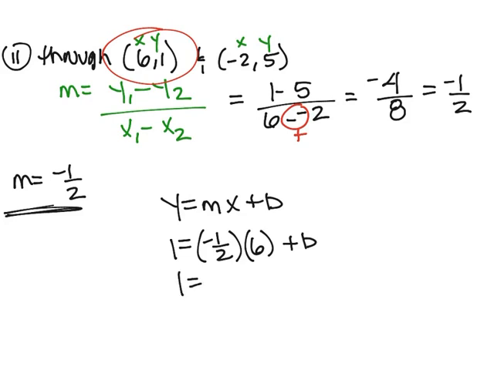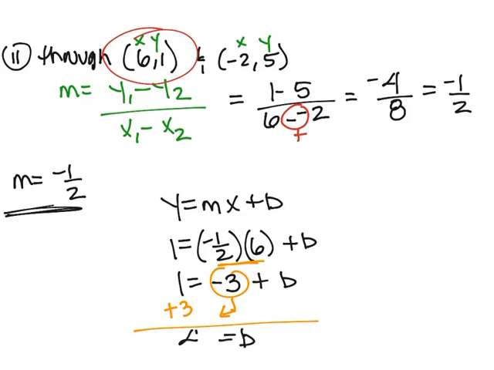So we got 1 equals, when you multiply negative 1/2 times 6, that should give you a negative 3 plus b. To get b by itself, you're going to add 3. So you have b equals 4. So your equation, what you're going to put on my line, is going to be y equals negative 1/2 x plus 4.